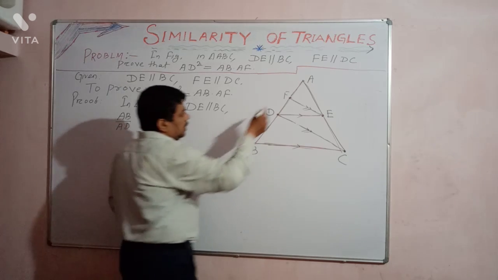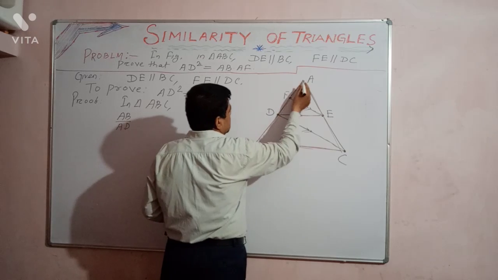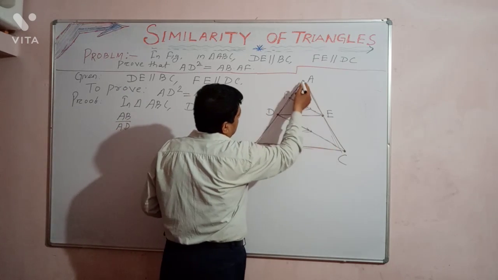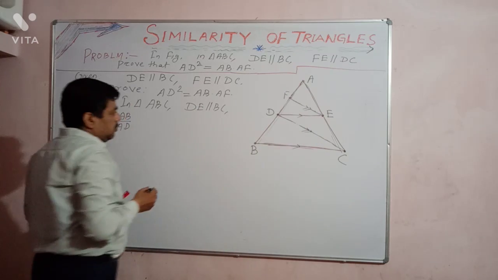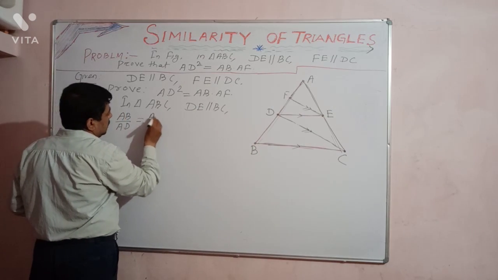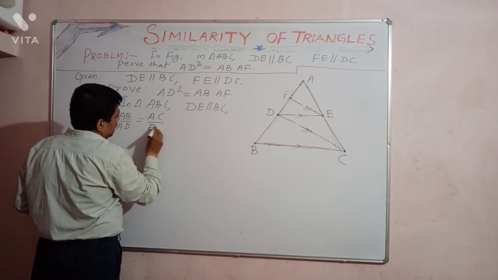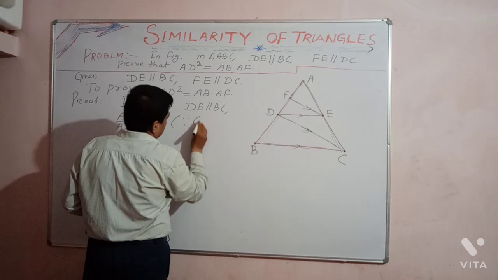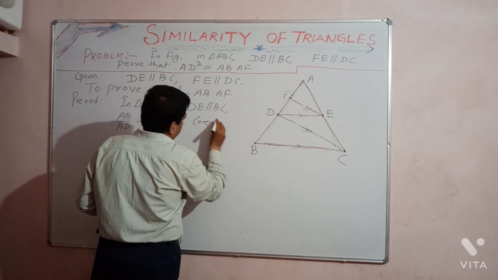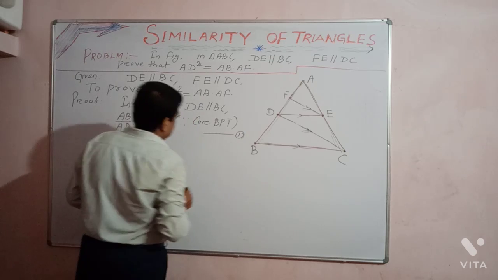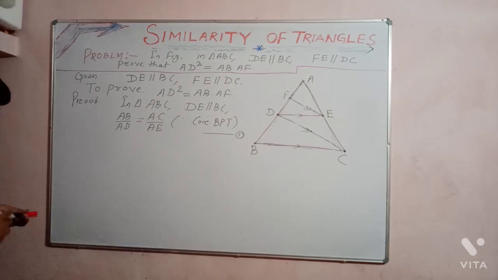Here this is AB and this is AD. AB upon AD, similarly AC upon AE. This is the corollary of the basic proportional theorem. AB upon AD is equal to AC upon AE. This is the corollary of BPT. This is the point 1 we are getting.